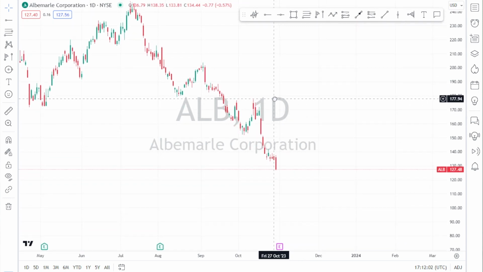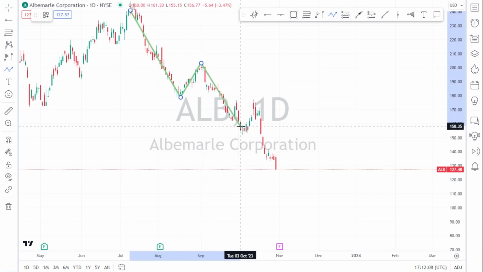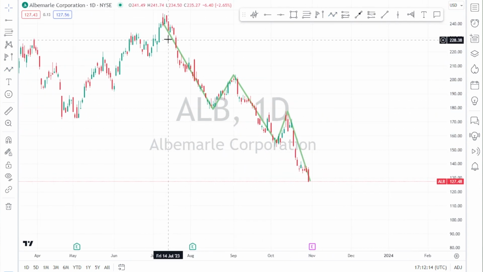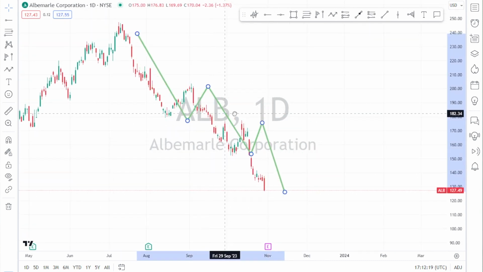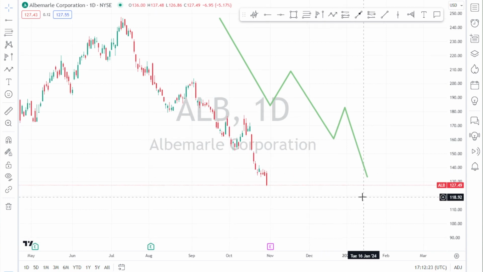All right, so if I look at this, what I see is 1, 2, 3, 1, 2, 3. Really well structured impulses and corrections. All right, so this is the trend as I see it. Now that means the piece that I'm actually really interested in is this piece right here.